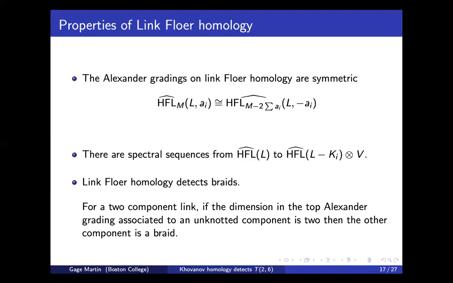If you cut open along the Seifert surface associated to your unknot, you'll roughly speaking get a product sutured manifold if and only if the other component of your link is a braid in the complement of that unknot.